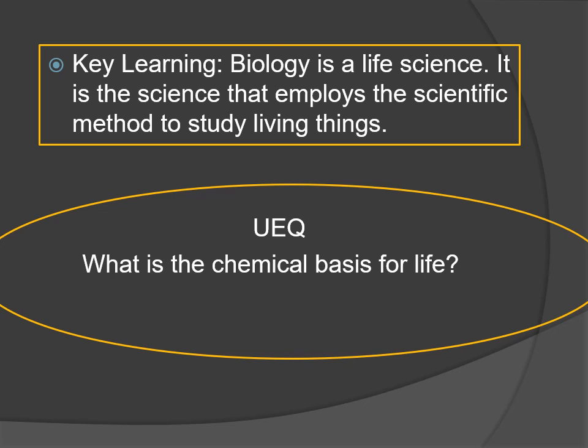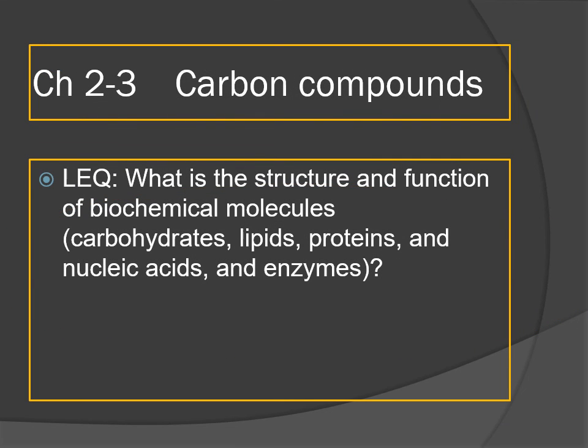Okay, so this slide tells me we are 2 slides away from being done with this presentation. This, of course, being the key learning again and the unit essential question. This takes us over to section 2.3 on carbon compounds.